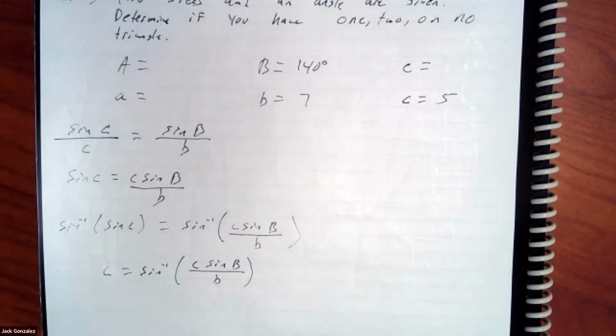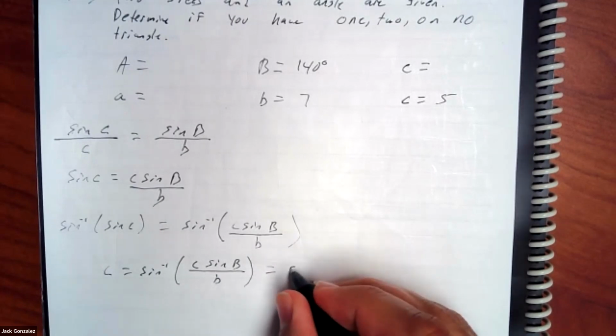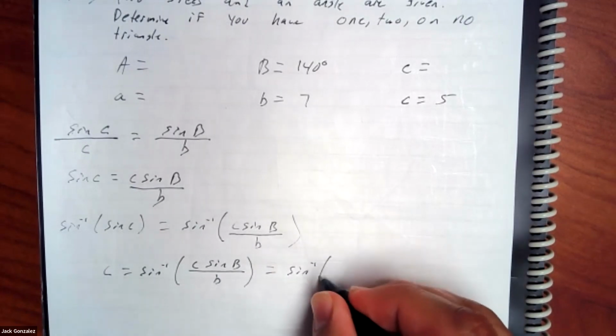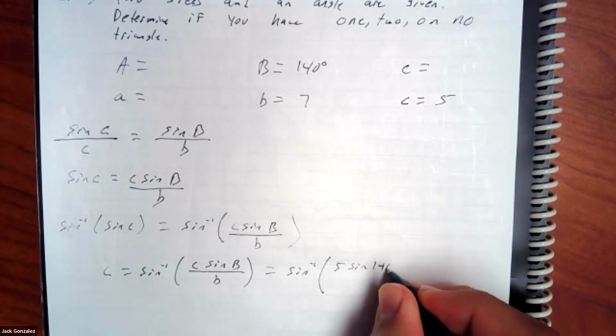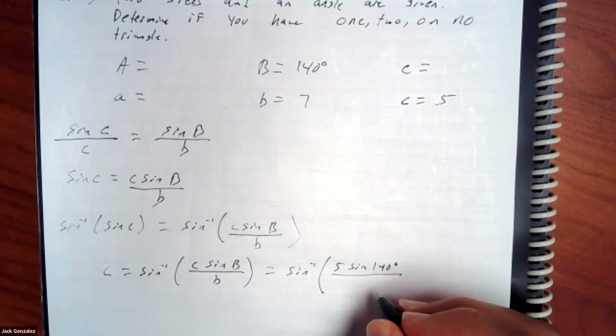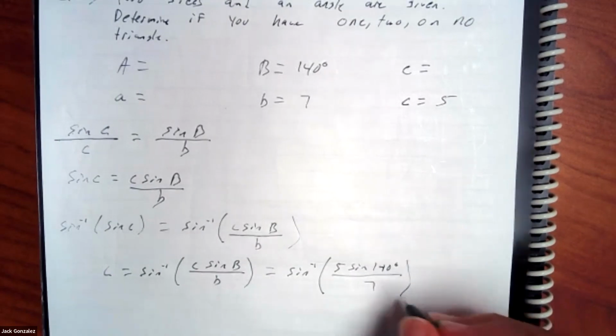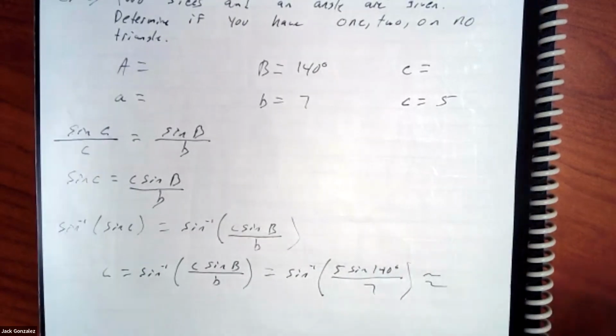Make sure you're in degrees though. So this will be sine inverse of 5 sine 140 over 7.